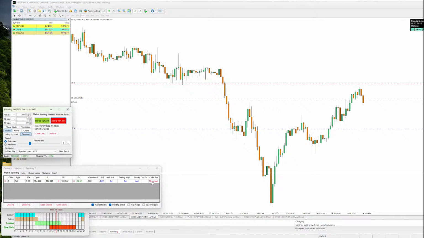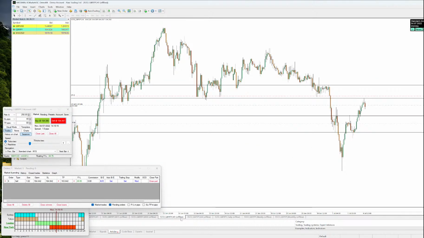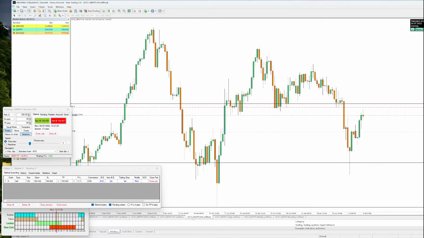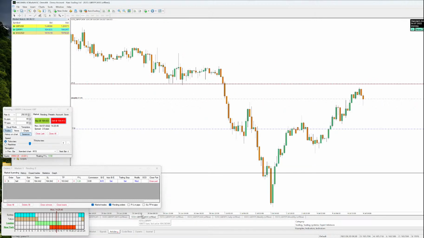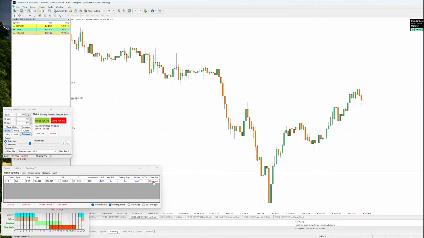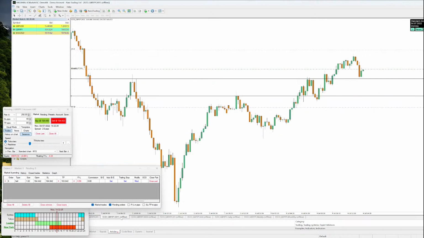Because we were due a correction anyway. The 1 hour, it makes sense. 4 hour not really, but let's see if that's gonna play out or not. We're coming now to our entry point. 30 minutes closed perfectly with the last.